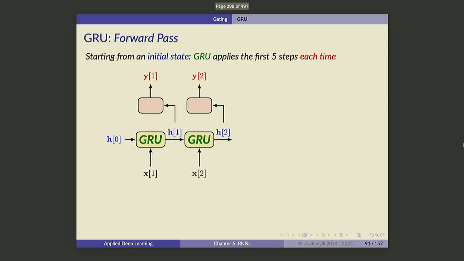Questions? Everybody's cool? So now, if you just use GRU, what's going to happen? Well, your first token goes inside the GRU. You have your initial hidden state. It's going to compute a new hidden state, right? Now, you can give that hidden state to one layer to compute the output for you.